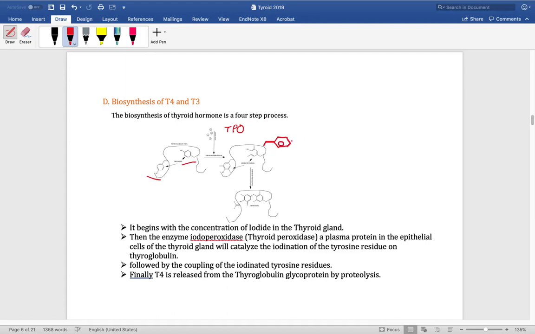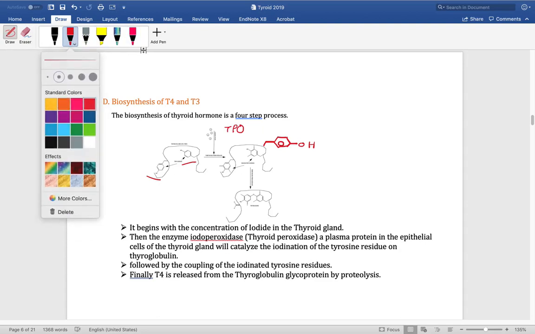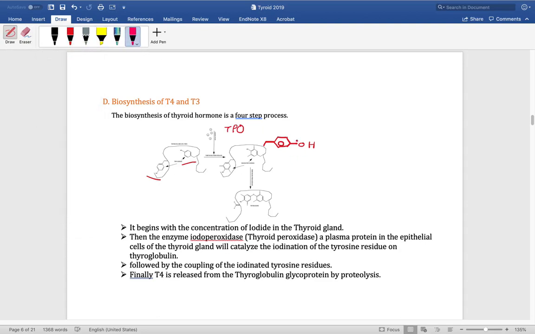The hydroxyl group here is para, and then you can have just a formation of, let me erase that, go back to the pen, just have an I here.